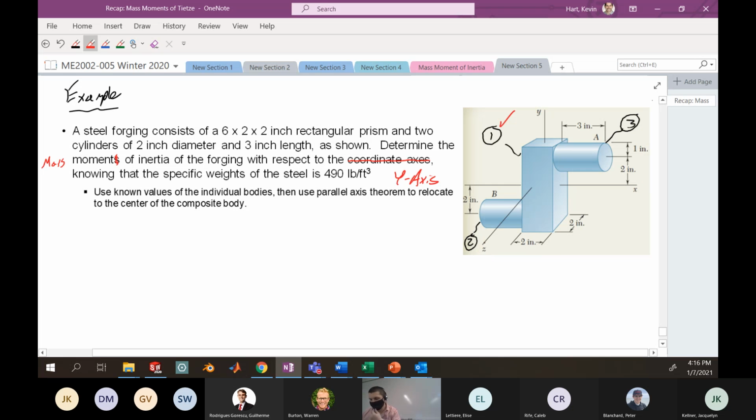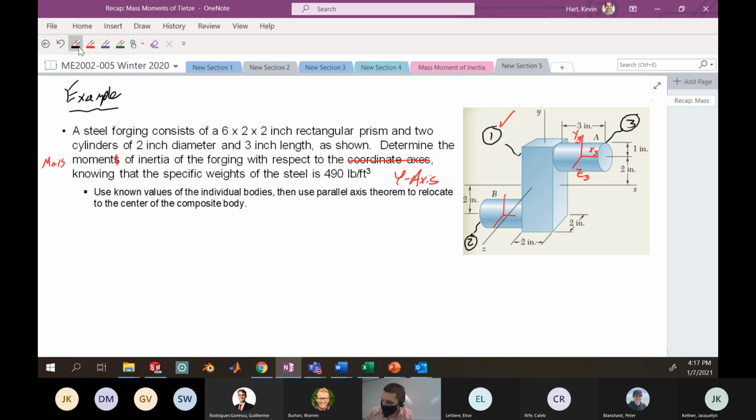For objects two and three, if these are homogeneous cylinders, their centroidal axes will be located at the center of those cylinders, something like this. It may be helpful to label them x of object 3, y of object 3, z of object 3.